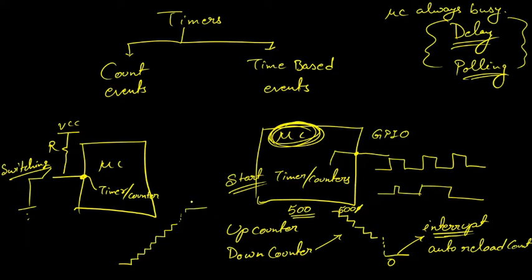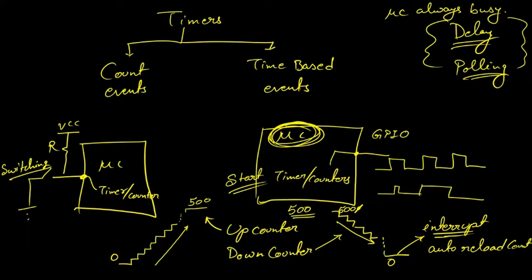The terminal count in this case will be 500, and it can start from 0. So this is our up counter, and here we have the down counter. Similarly, at the terminal count, it can generate either an interrupt or auto reload, then reload the number, or go to 0 next and keep on repeating the same counting.